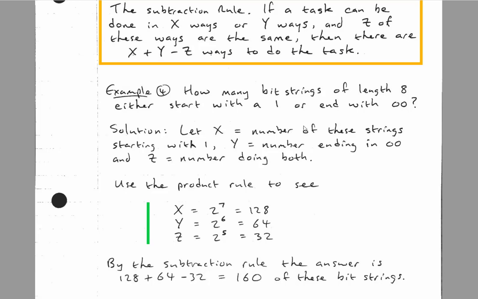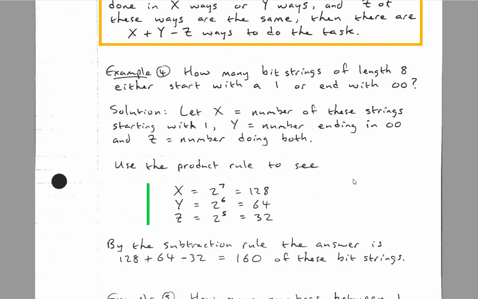So let X be the number of bit strings of length 8 that start with a 1. Let Y be the number ending in 0, 0. Let Z be the number doing both.